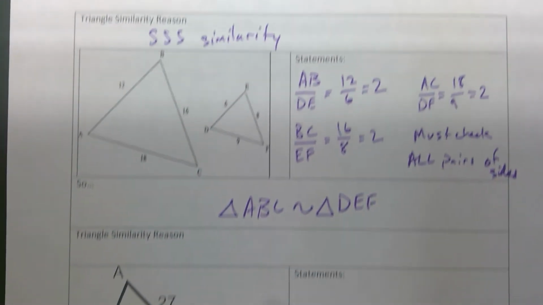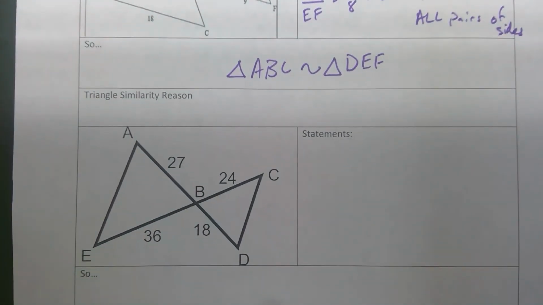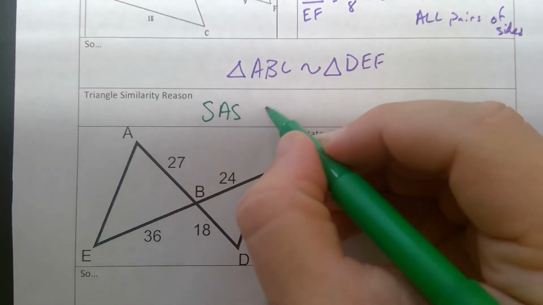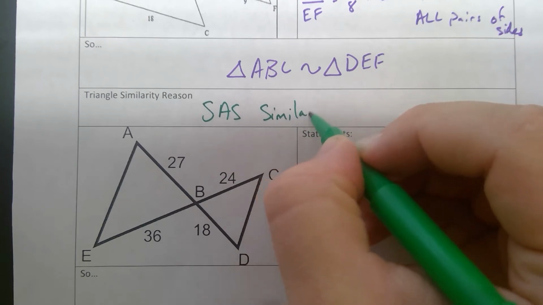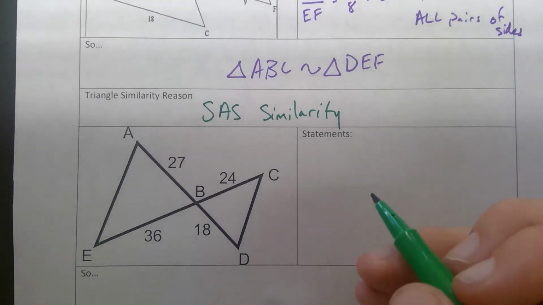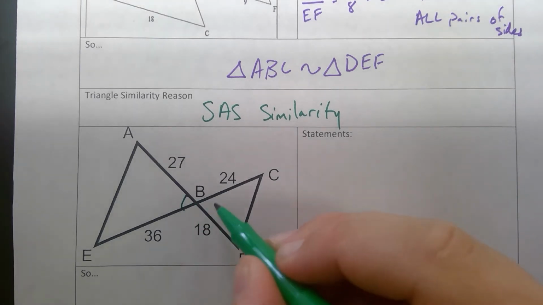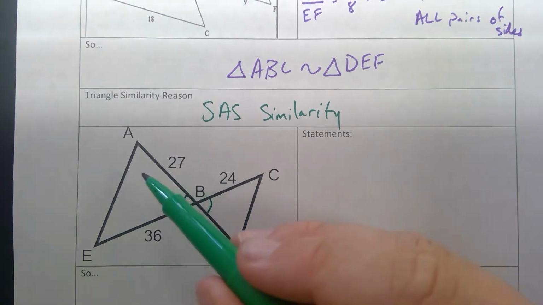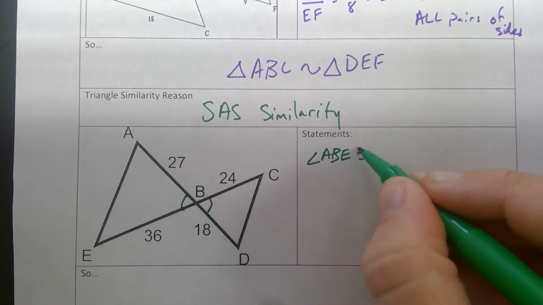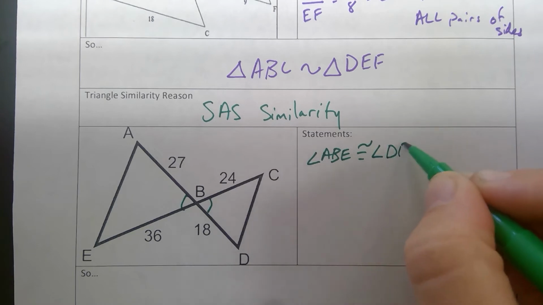Now, we've got another triangle similarity reason, and that's going to be side, angle, side similarity. Okay, so we know that this angle here and this angle here, so angle ABE is congruent to angle DBC.